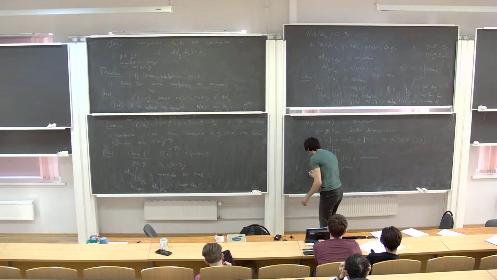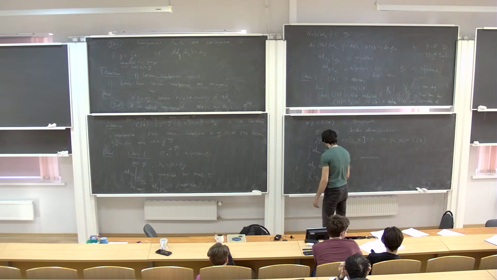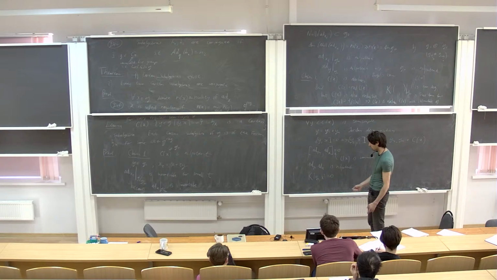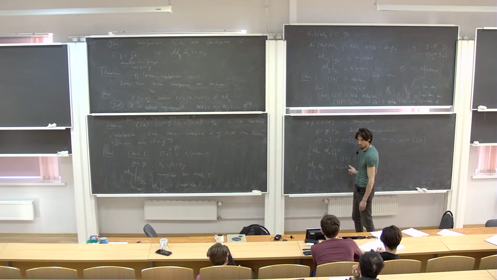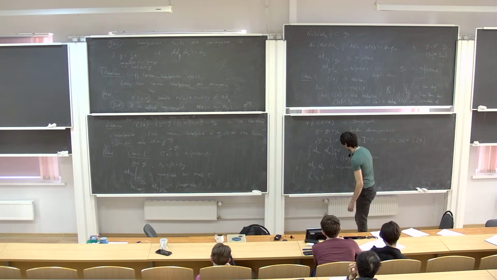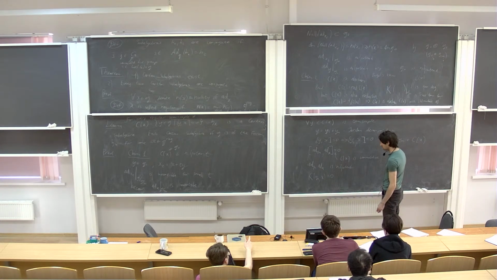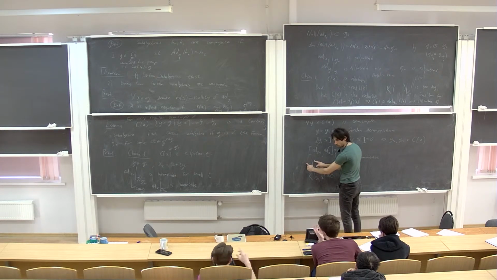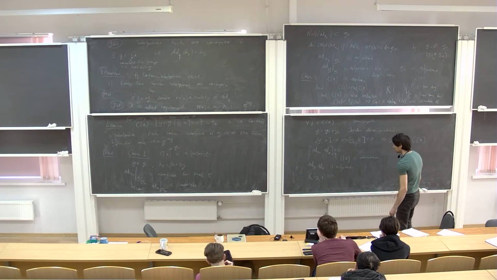But then the Killing form of yn with x is 0. The Killing form is the trace of this, and this is nilpotent. So the trace of this is exactly k of y and x, because I take some power of it, and this power goes to here since they commute.